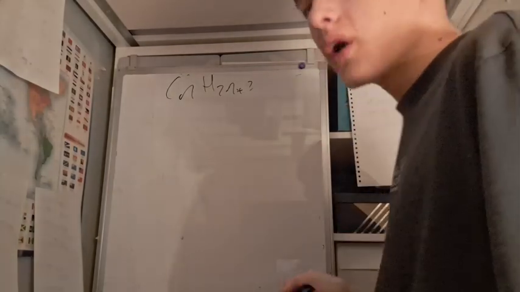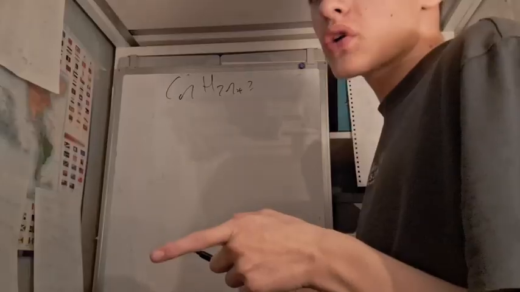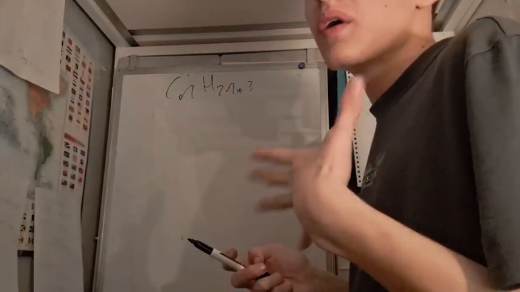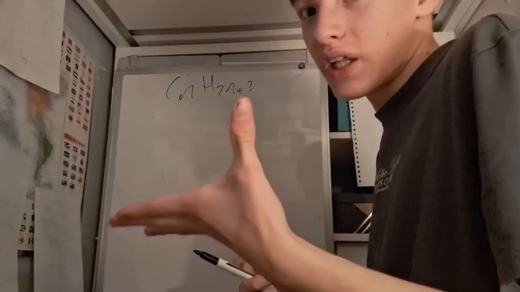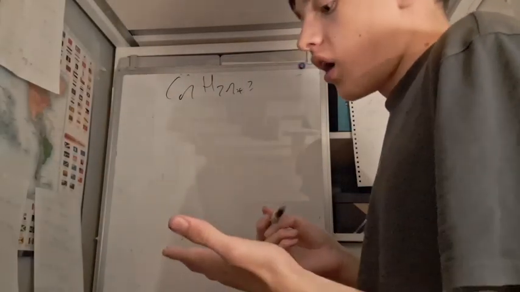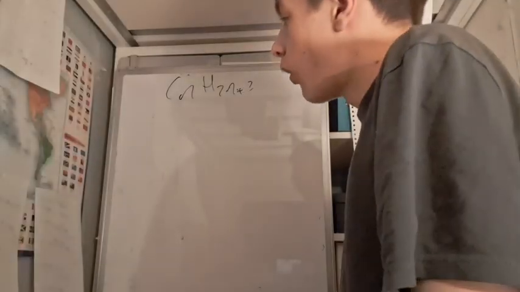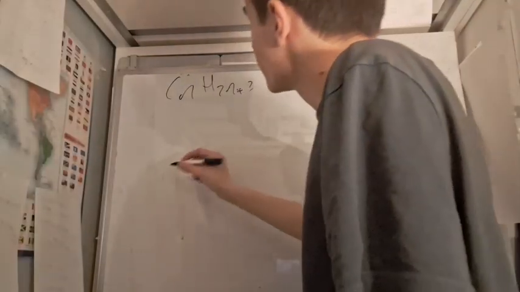Now I'm going to write the combustion equation for you to do. This is going to finish up the video officially now and not accidentally. It's going to give you one combustion equation for you to do.